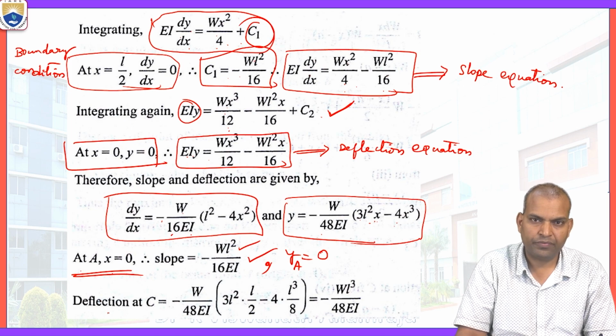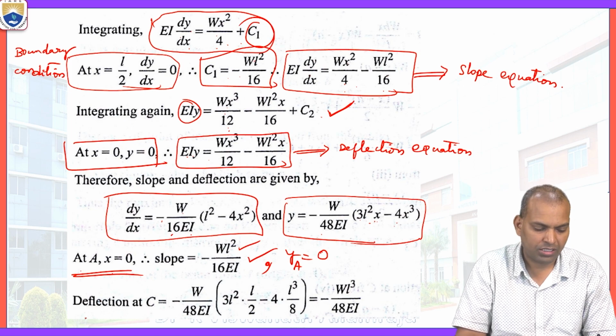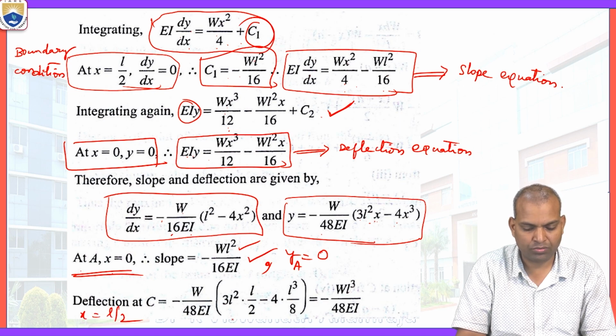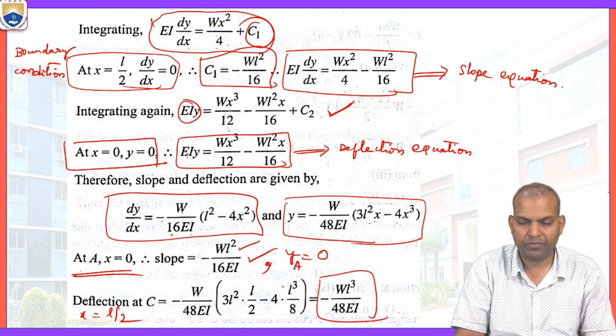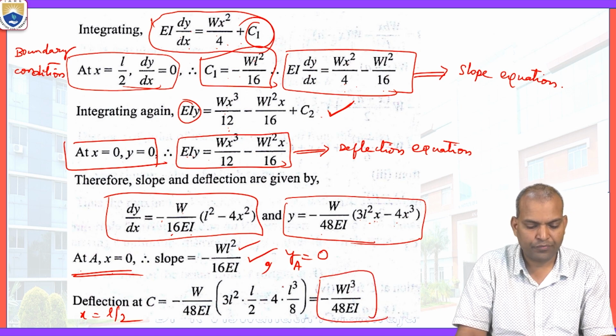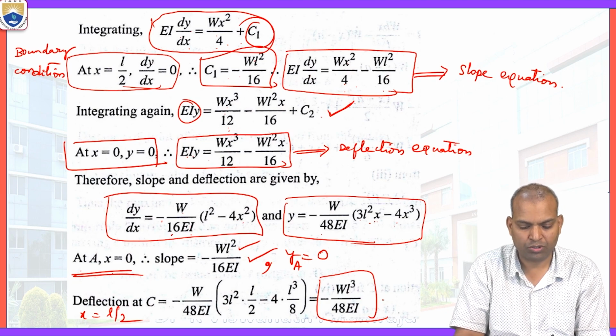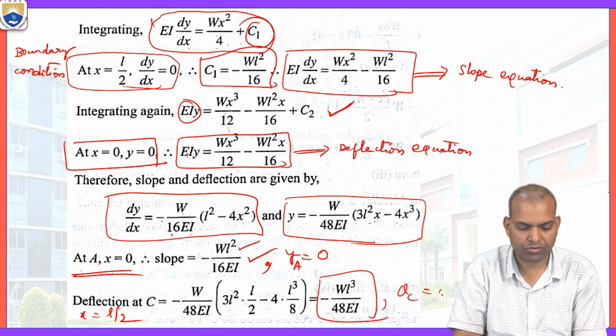Coming to the deflection at C, x equal to L by 2. At C, substitute x equal to L by 2 and the deflection is obtained as WL cubed by 48 EI. If you substitute x equal to L by 2 in the slope equation, the slope theta C becomes 0.